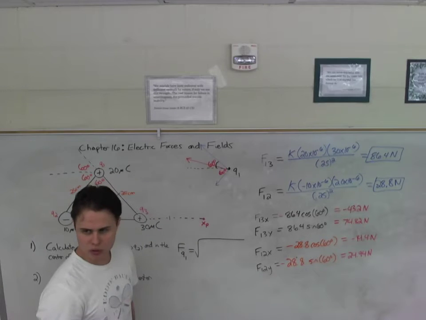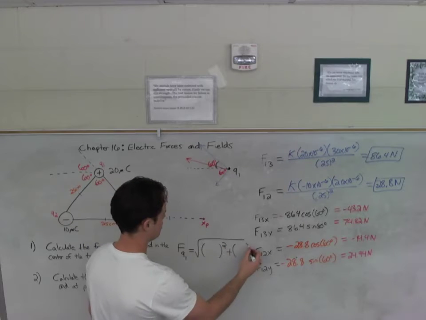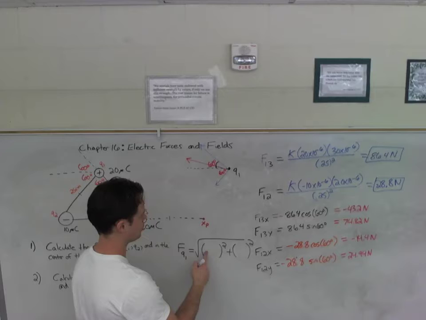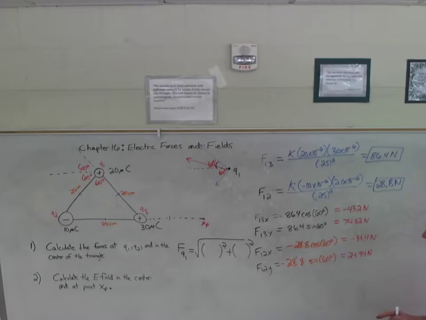But it's going to be the square root of something squared here and something squared here. What am I going to put in here? F13x plus F12x, and the x forces and y forces added together, right? We agreed that these are going to be like, see how the squared's going to take care of that anyway? We're just getting like a magnitude answer here, aren't we? That's what this gives you, is a magnitude answer.